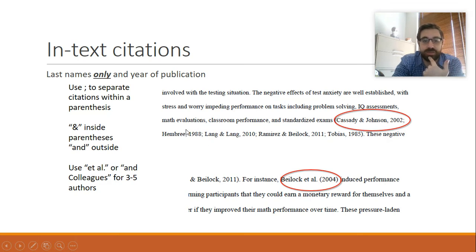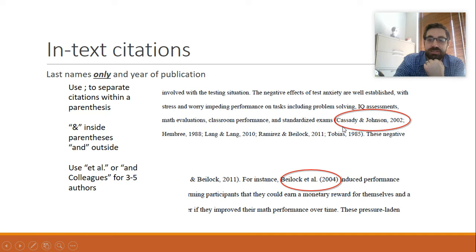And you'll see that these go in alphabetical order based on the first author's last name: Cassidy, Hembry, Lang, Ramirez, Tobias. And those are separated by semicolons. So you see this is 1, 2, 3, 4, 5 citations being used to support this point. And you'll see that often in the papers that you read, that you're pointing the reader to multiple sources that all support this same point.